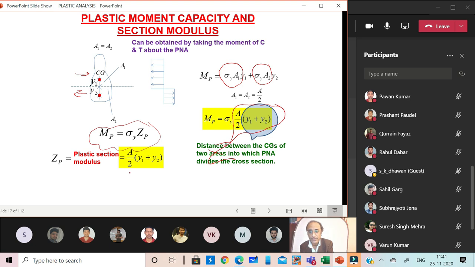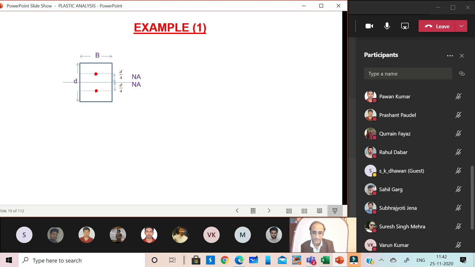It is equal to half of the total area of the section multiplied by the lever arm of the two forces, that is, the shortest distance between the centroids of the compression and the tension forces. Then we define the shape factor. The shape factor is the ratio of plastic moment to the yield moment, or the ratio of the section modulus for the plastic and the elastic case. That is equal to the shape factor F.